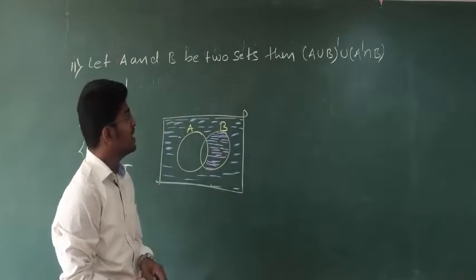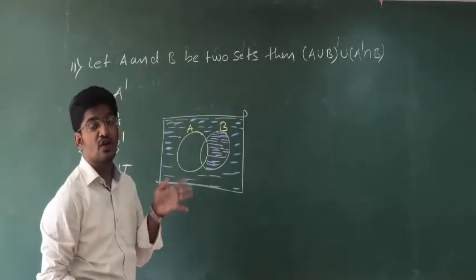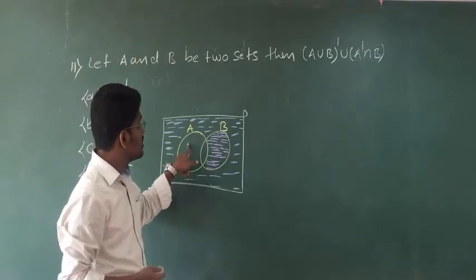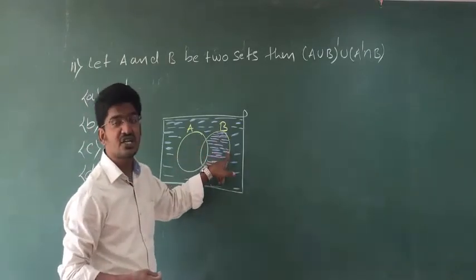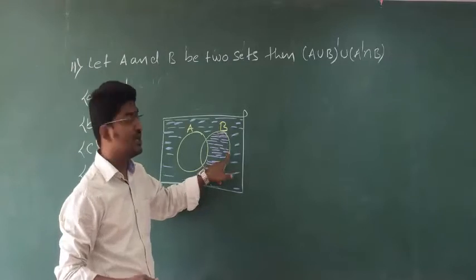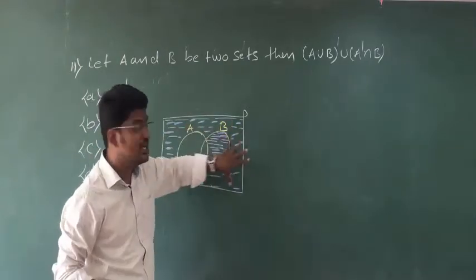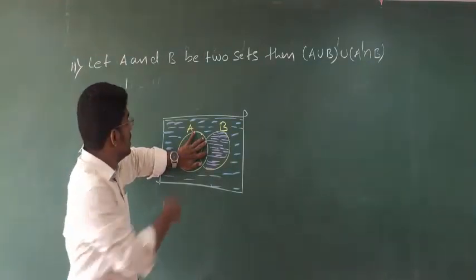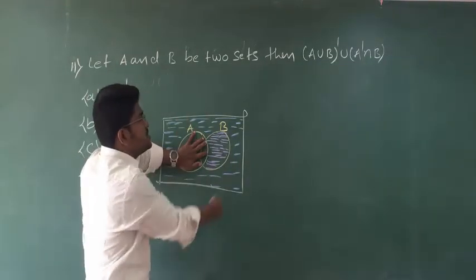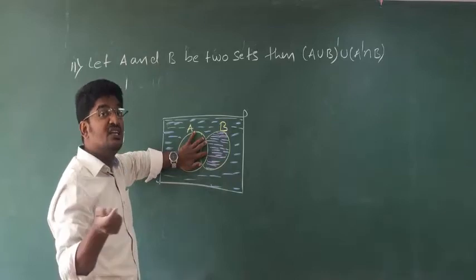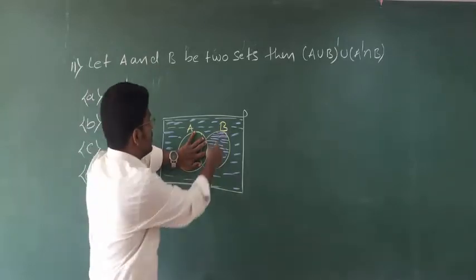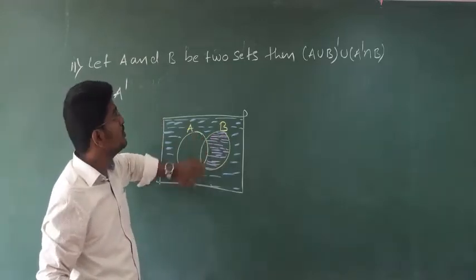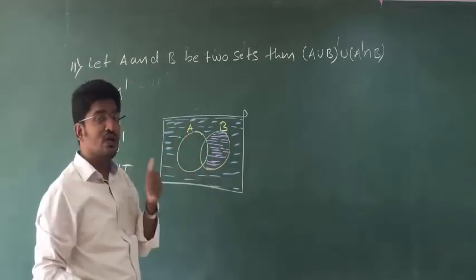Okay. A complement means elements which are not in A, with B. A complement intersection B. Are you getting my point? A complement means all this portion leaving A. You leave this A. Remaining all elements will be in A complement. Intersection B means only this particular elements you are going to get. Okay. Next. So this is equal to what?